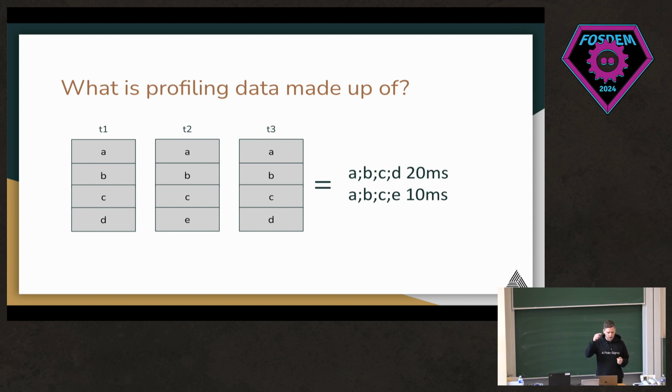At T1 we had A, B, C, D. At T2 we had A, B, C, and E, so slightly different, and then at T3 we had the same thing again. Just for the sake of the example, one was executed twice, so maybe it was executed 20 milliseconds in total, and the other one 10 milliseconds. So we count how often we see these stacks, and then can make an assumption on how much it is running.